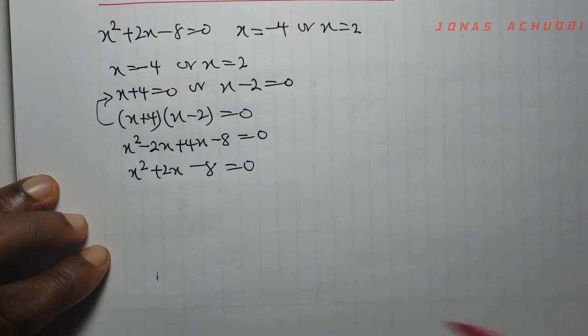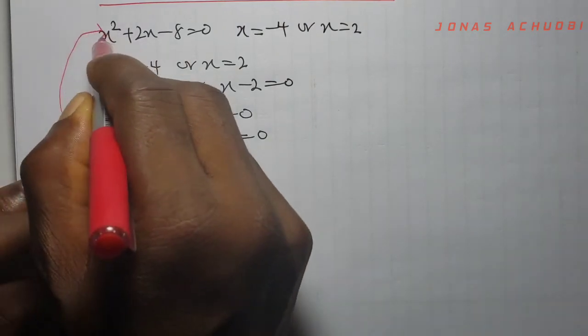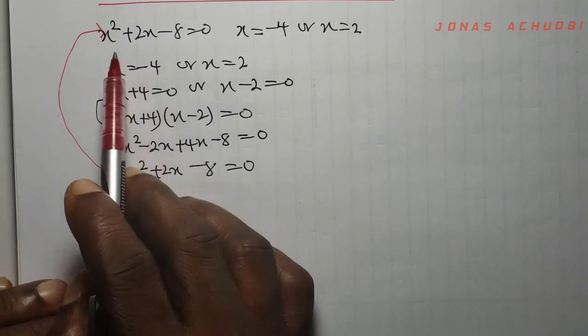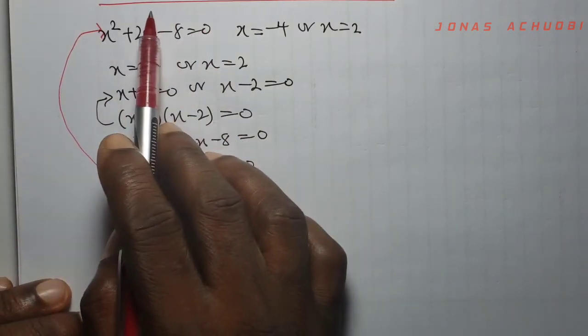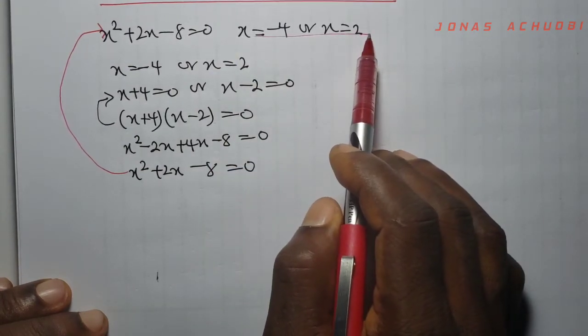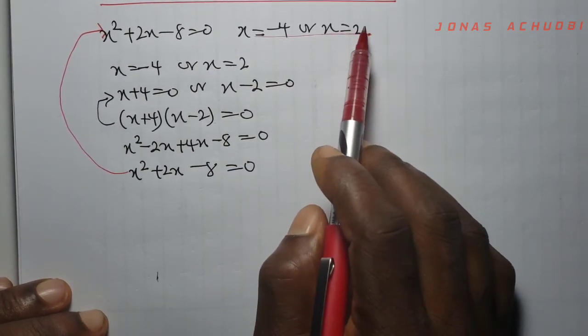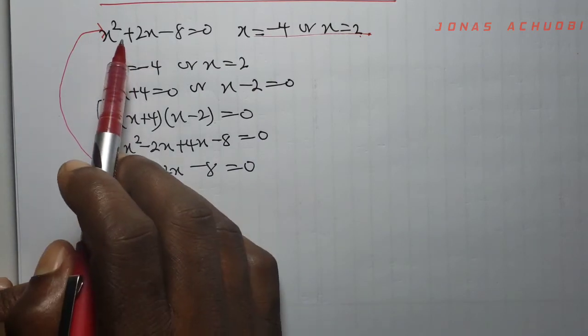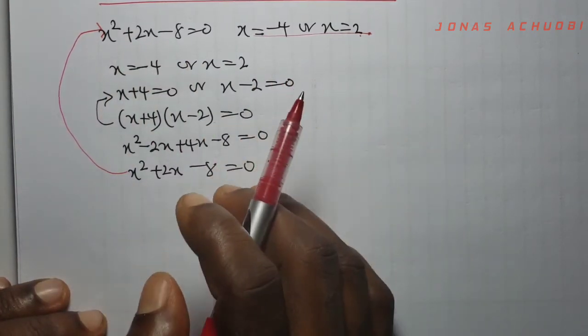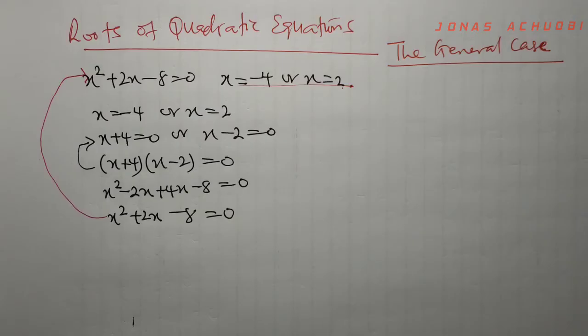And this takes us back to the original quadratic equation. So what we have shown here is that if we are given a quadratic equation to solve, it is possible to solve and get the roots of the equation. And if we are also given the roots of the equation, it is possible to go back to get a quadratic equation whose roots have been given to us, just like I've demonstrated in this example.